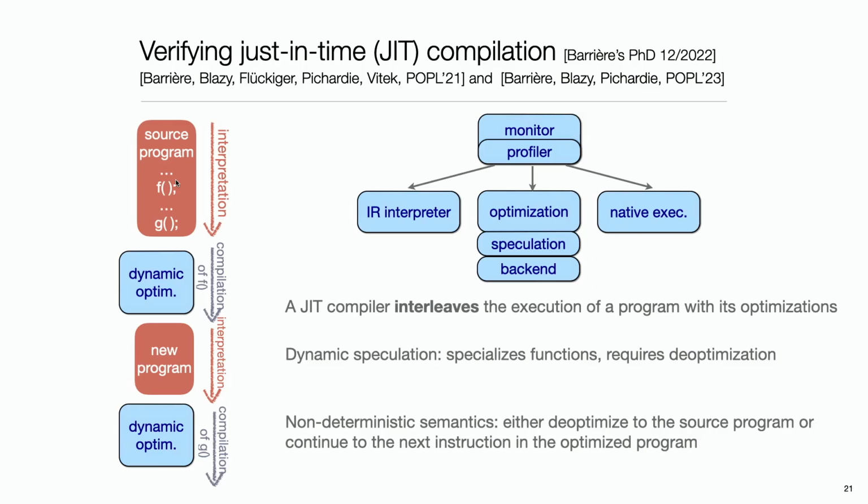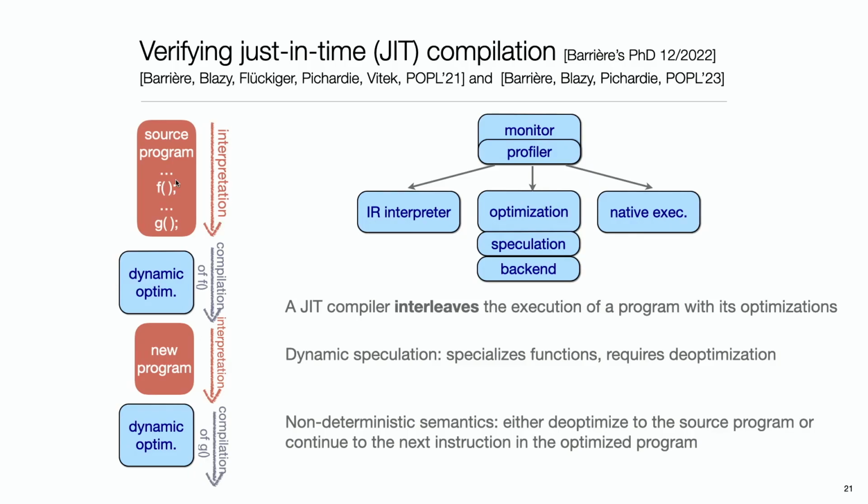Because of this speculation, we have a specialized version. But maybe it was not a good idea to speculate, so we also need to be able to de-optimize, to come back to the source program if speculation fails.